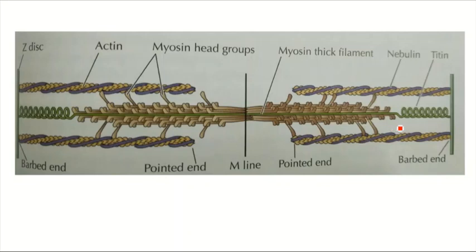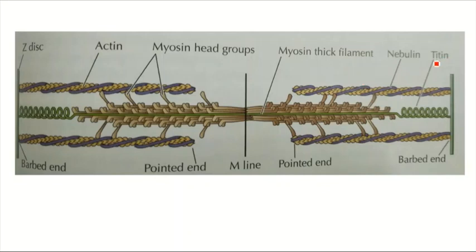It's a very big protein, and it acts as a spring during muscle contraction. And this is nebulin. This blue one is the nebulin, which extends from the Z disc, and this stabilizes the actin filament.